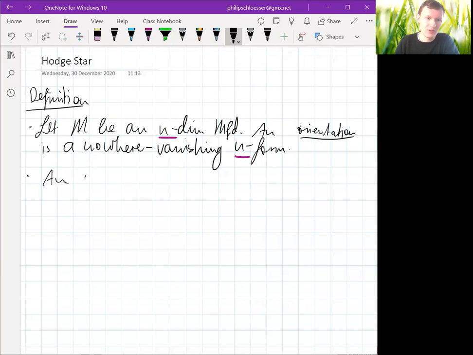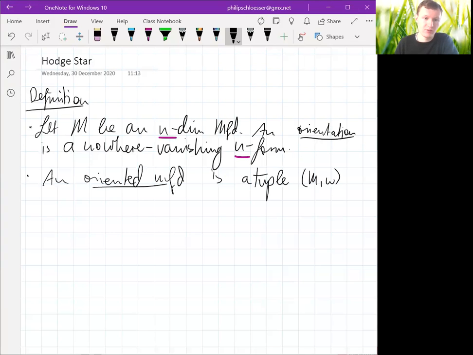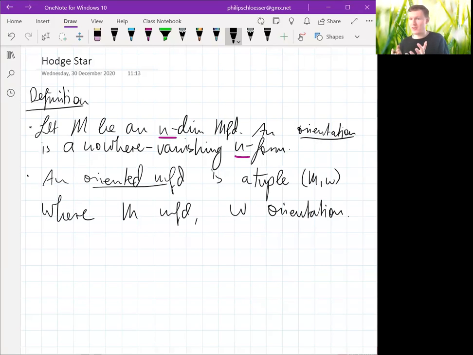And now an oriented manifold is a tuple (M, omega), where M is a manifold and omega is an orientation. So not only does there exist an orientation, we have also explicitly picked one.